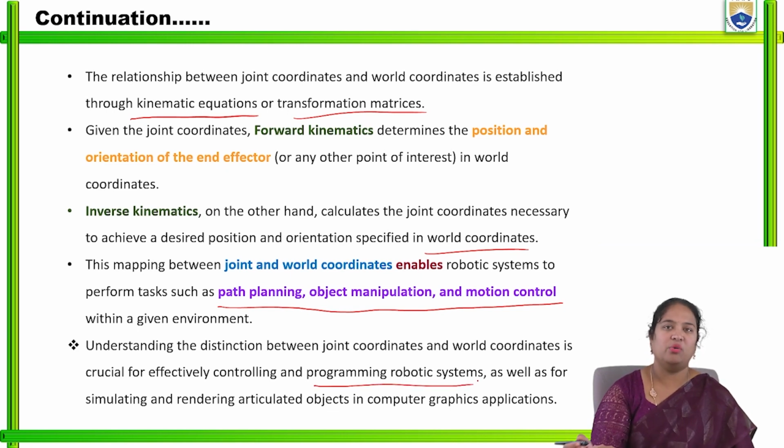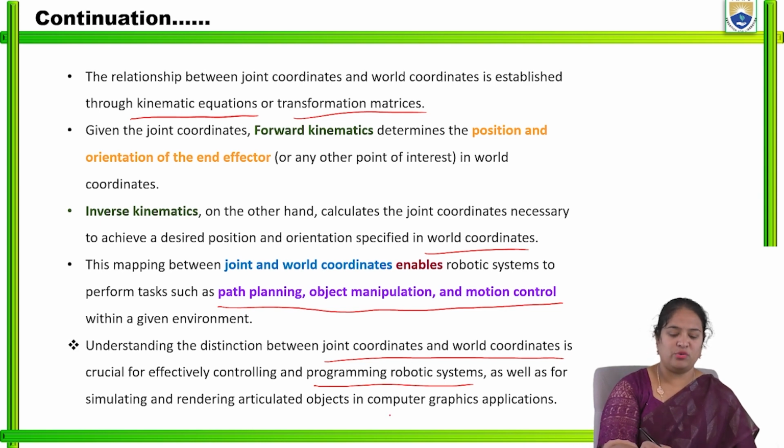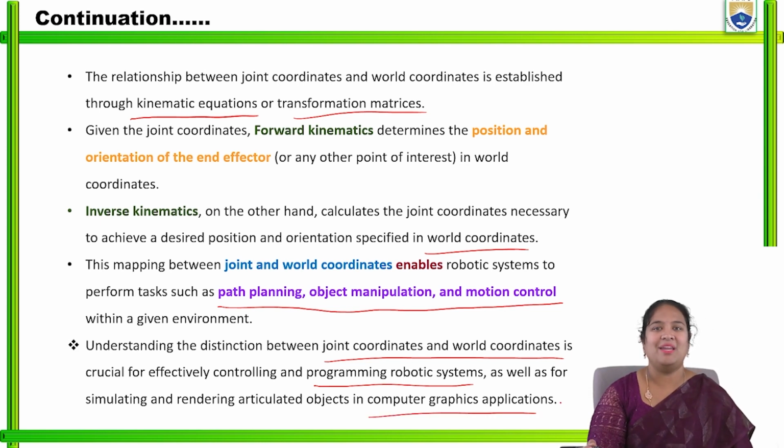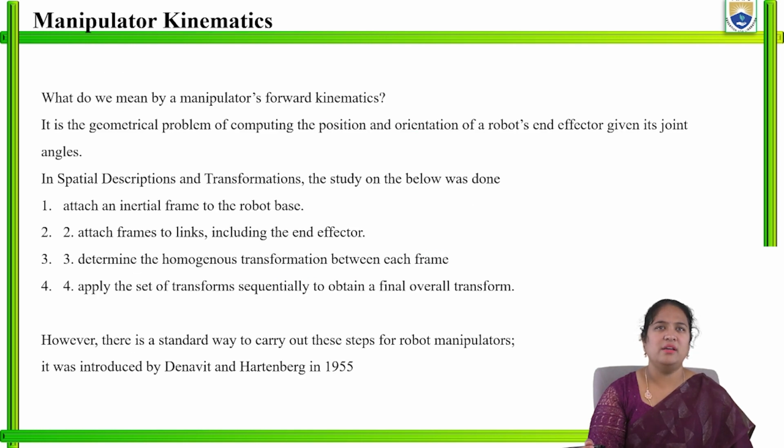In order to control and program any robot, we need to know about the joint coordinate and world coordinate systems. Right? And as I've told you, computer graphics is one of the main applications of the world coordinate and joint coordinate systems. Clear? Next, moving on to manipulator kinematics.